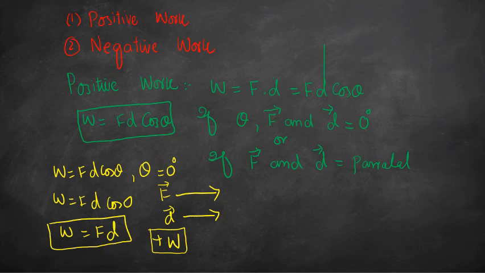We can represent a positive work with a schematic diagram like this. Consider this is a body of mass M. Now, suppose that a force is applied on this body along this direction, and this block moves along the same direction as where the force is applied, like this.